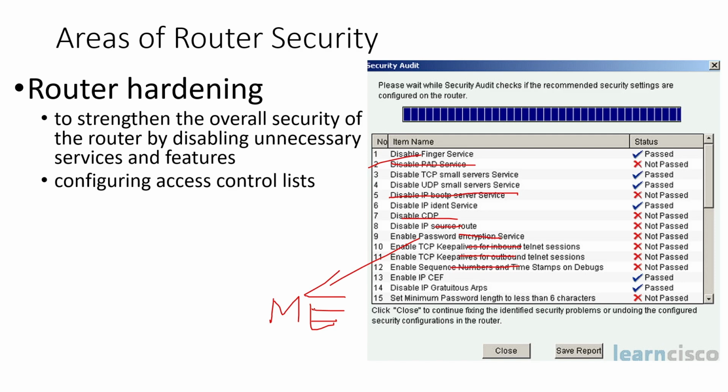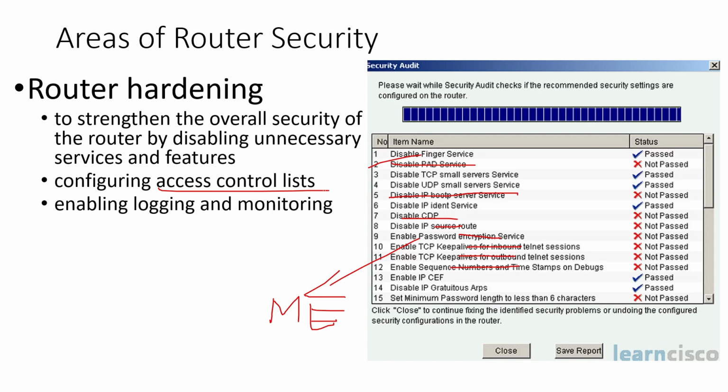So this is one way of hardening your router, to disable these services. You could also configure access control lists, or ACLs, so that only the authorized devices, only the authorized individuals can get inside your routers. You should also enable logging and monitoring.